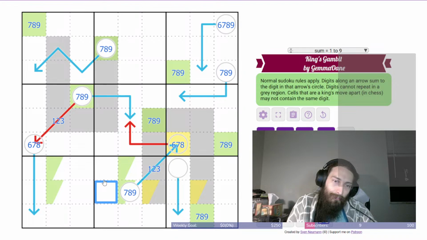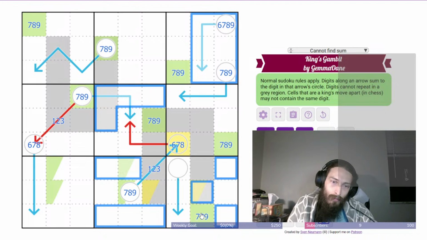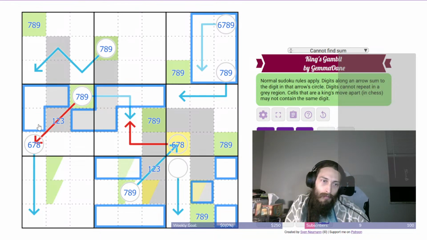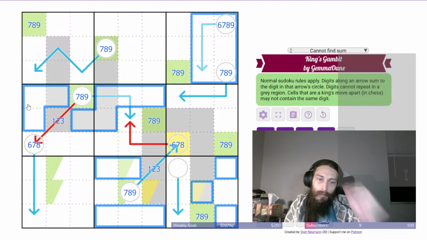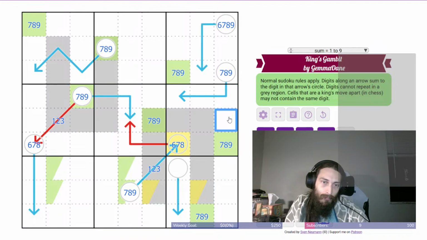Like that. I don't know if yellow's as useful. It doesn't look like it.